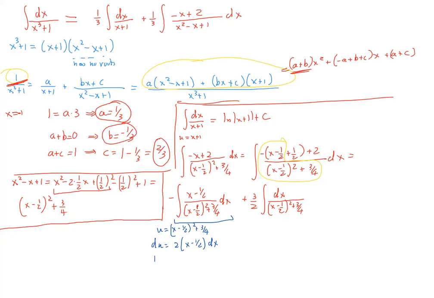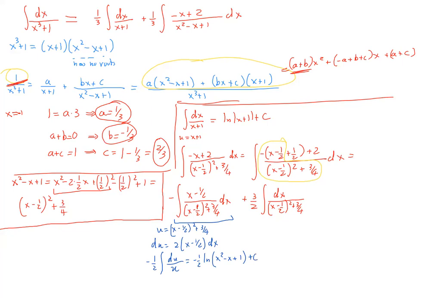So this will be negative 1/2 the integral of du over u, pretty much, which will give you negative 1/2 of ln of absolute value. The absolute value is irrelevant here because this is always positive, and if you multiply back in the whole thing, you will get what we had in the beginning. So that's the first part.